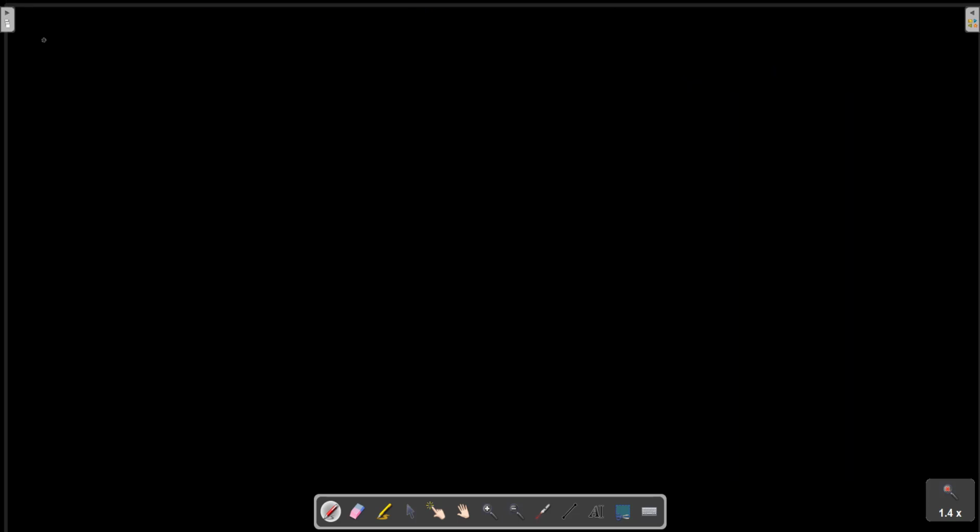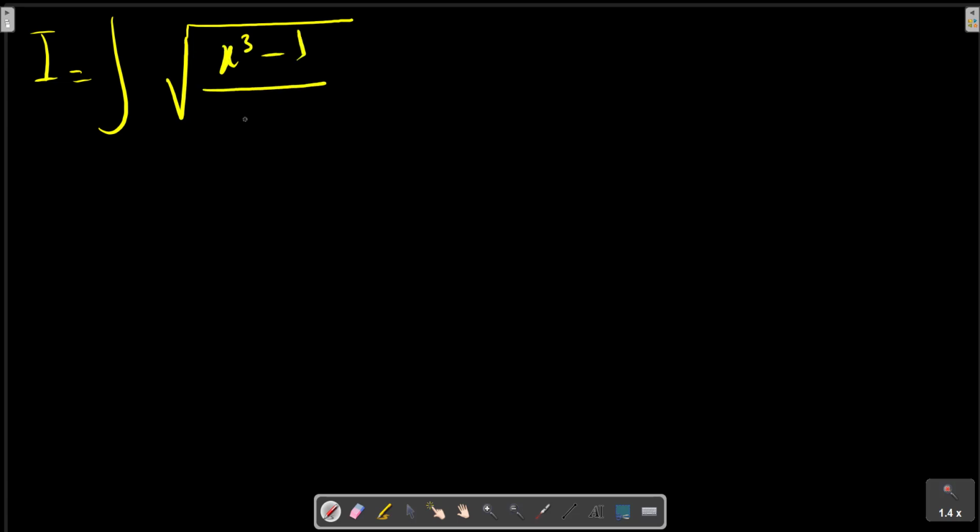Write to the next page. We should write this relation. It's better to write this relation. x³ minus 1, or x¹², applied to x dx.